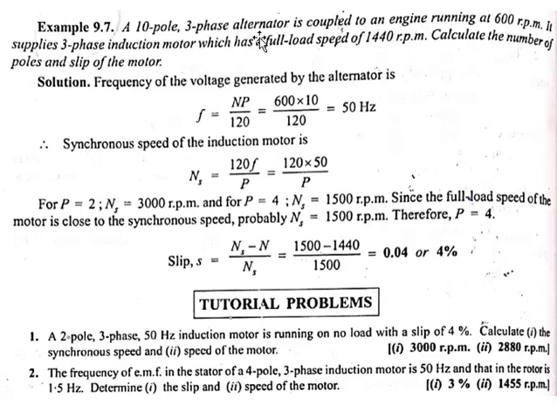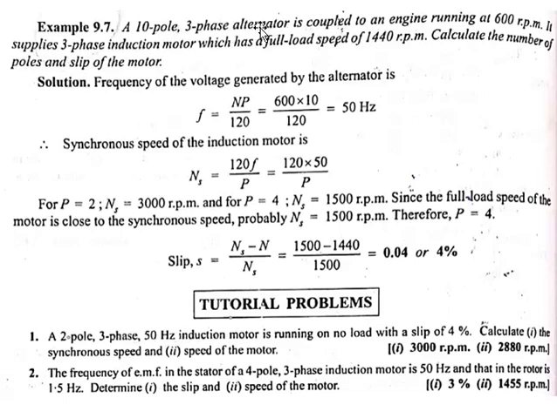It converts mechanical energy into electrical energy. How is that mechanical energy produced? Using an engine. That engine is coupled to the alternator, and that engine is running at 600 rpm. You can say the speed of the alternator is 600 rpm. Number of poles on the alternator is 10. Those are the two pieces of information.